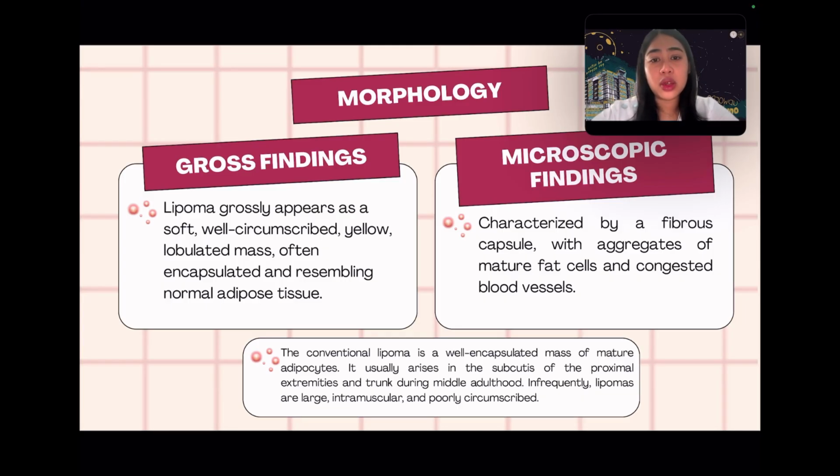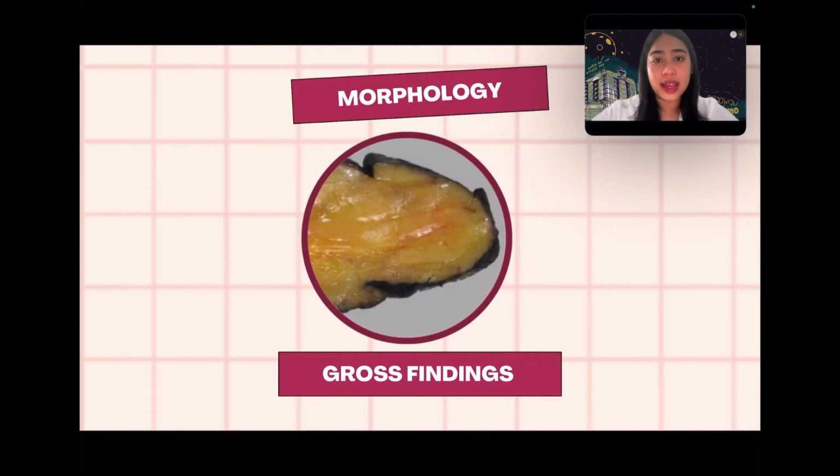So just based on this, we can deduce that lipomas are generally smaller in size, usually 2 to 5 centimeters. There are, however, giant lipomas that could reach up to 10 centimeters in size. Microscopically, the important characteristic findings are the following. We have the fibrous capsule with aggregates of mature fat cells and congested blood vessels.